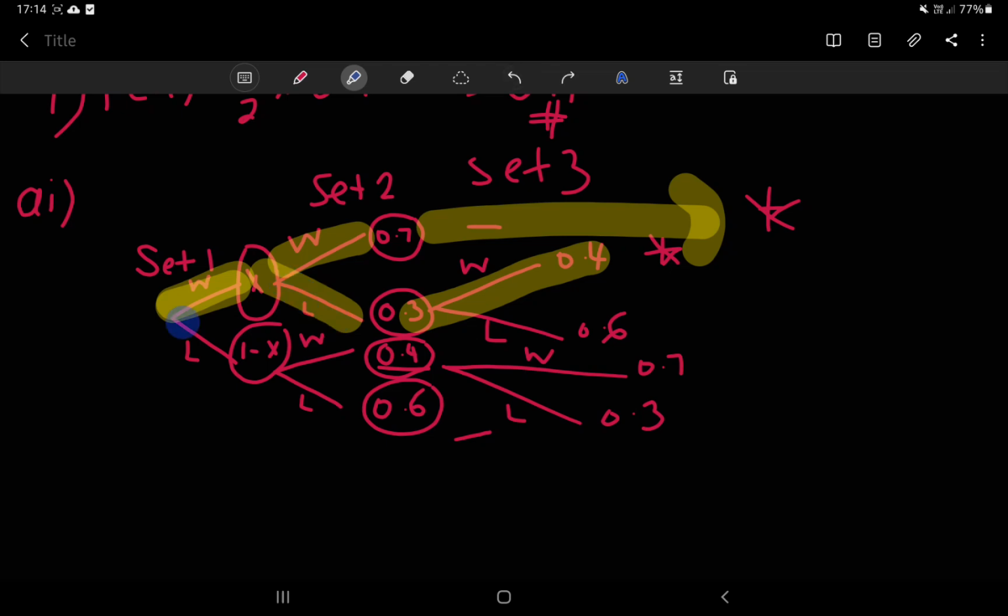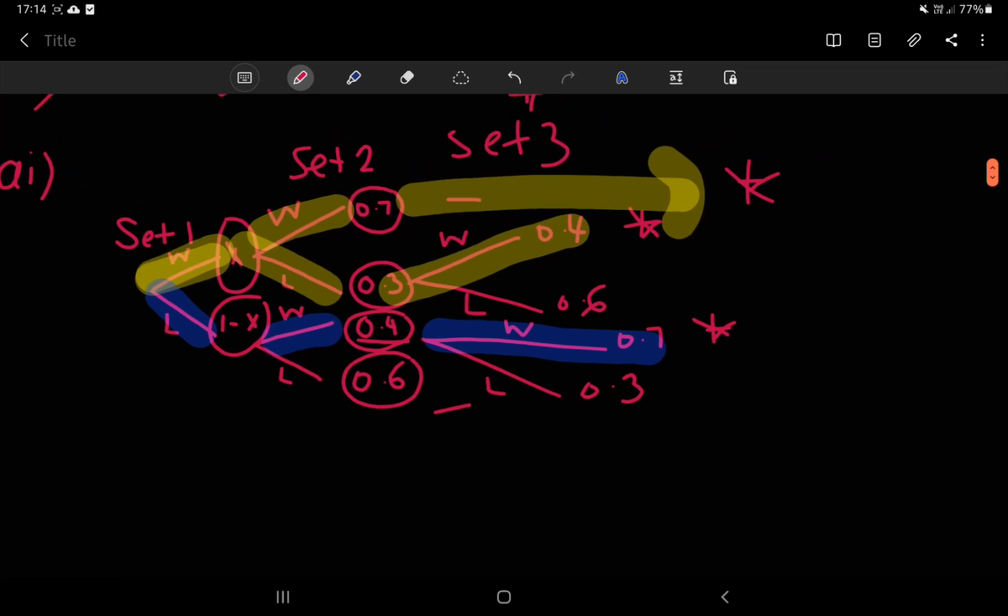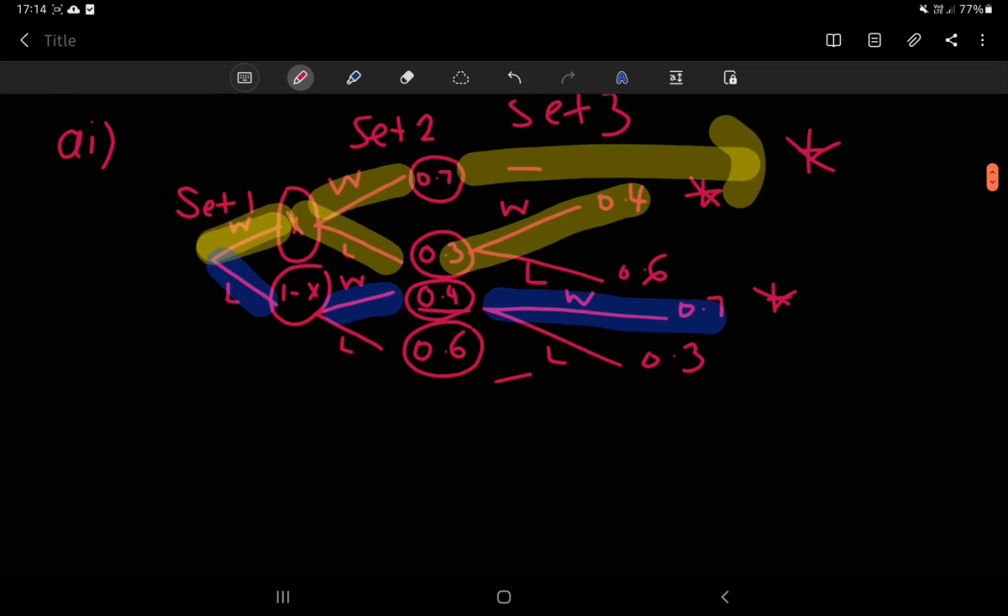And then if you first lose and then you win, it will be considered winning. So you have 3 cases of winning, and these 3 cases you need to add up. Let's multiply this. First, you win, probability x, then you win also, so 0.7.